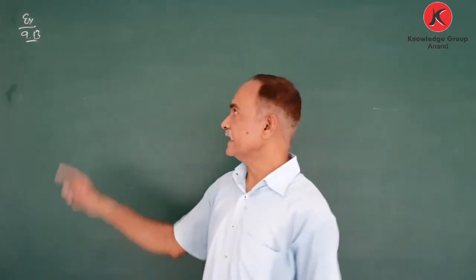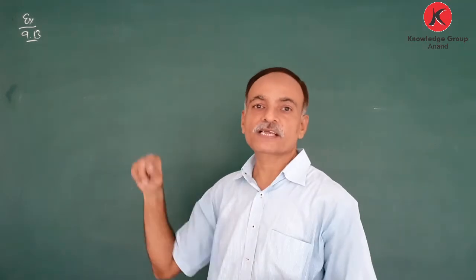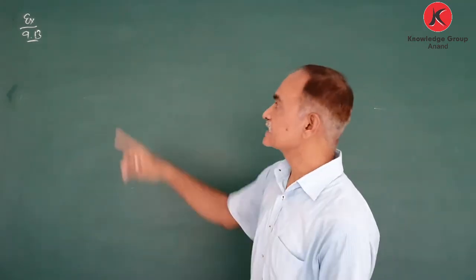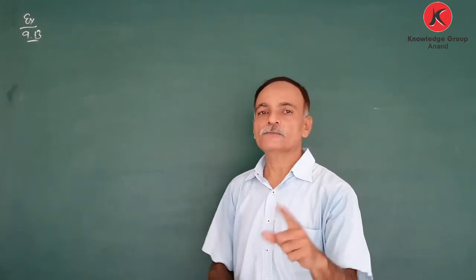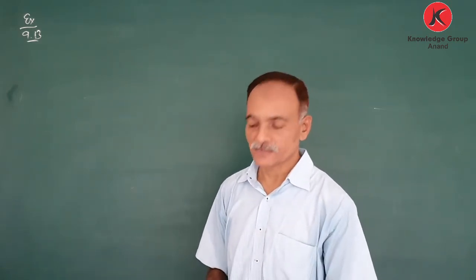Okay, now after the discussion of the Cassegrain telescope, we discuss the numerical of exercise 9.13. Already up to 9.12 we completed.